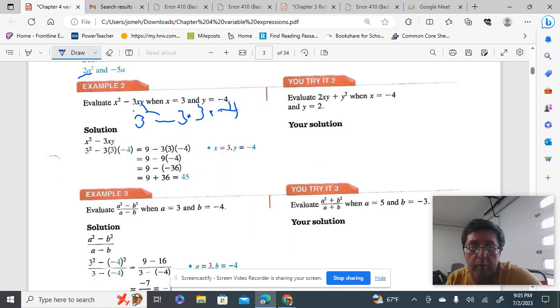Okay, well, we do 3 squared, which is 9. Then we do minus 3 times 3, which would be 9 again, times -4, which would be minus 36. Oops.